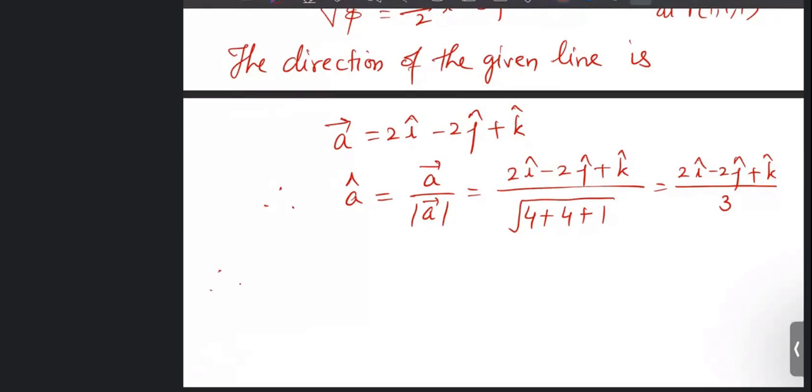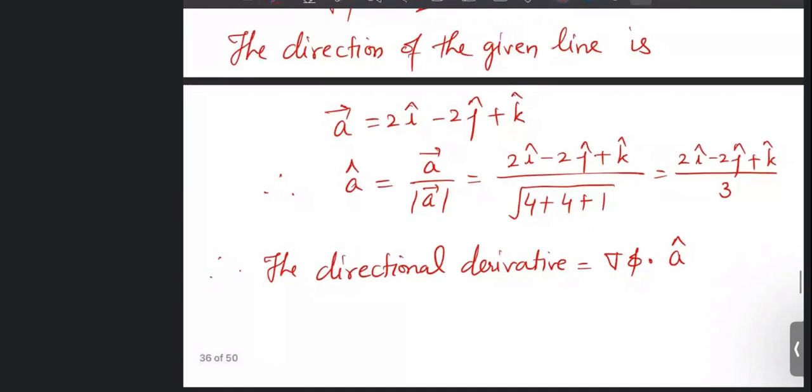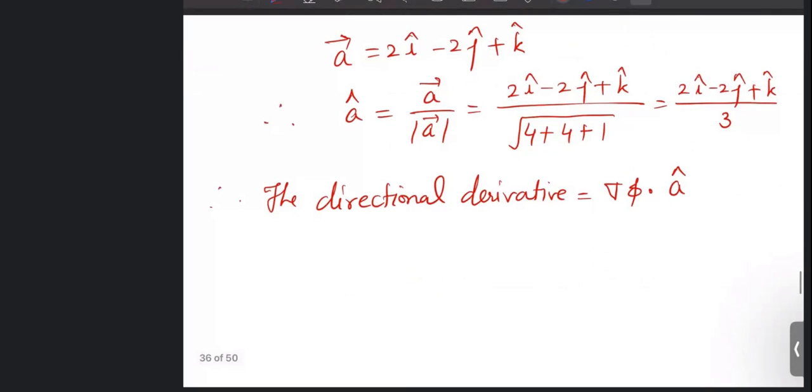Therefore, the directional derivative of phi in the direction of A will be the dot product of these two: gradient of phi dot with the unit vector in whose direction the directional derivative is to be determined.